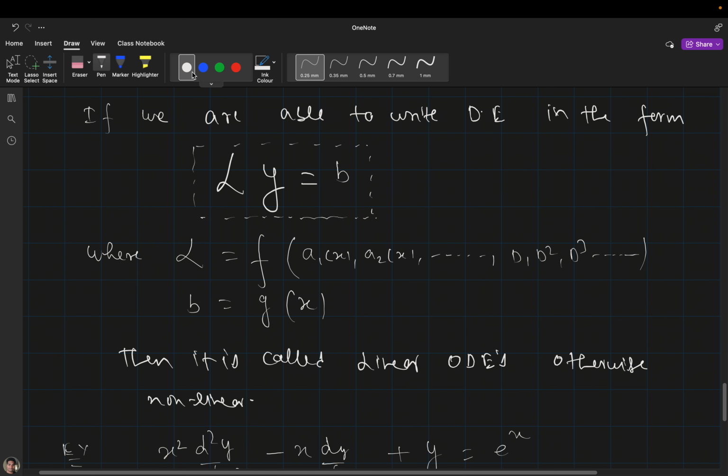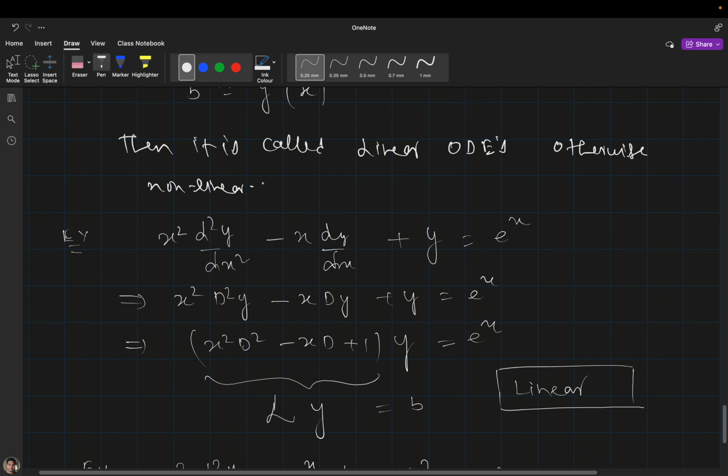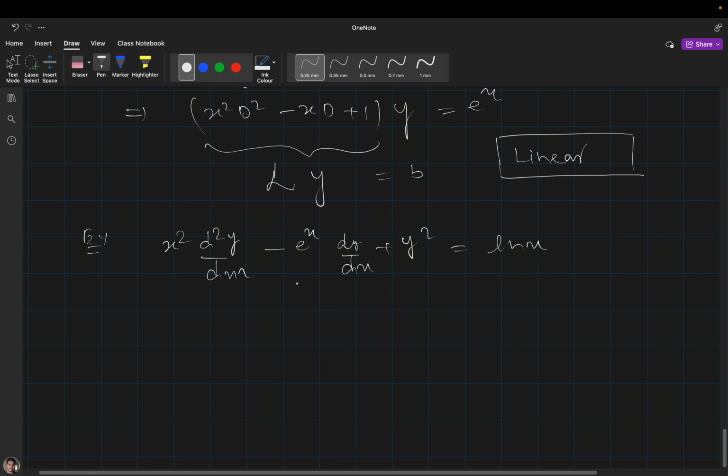It is the same as sin x, where sin is an operator acting on x. So you have to understand that this is not a multiplication. Otherwise, that's why this function is non-linear.